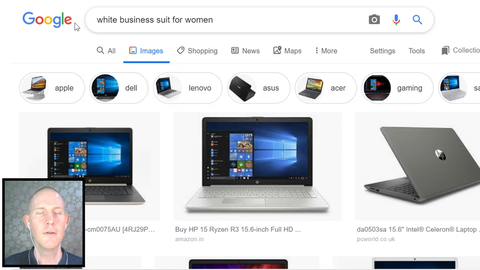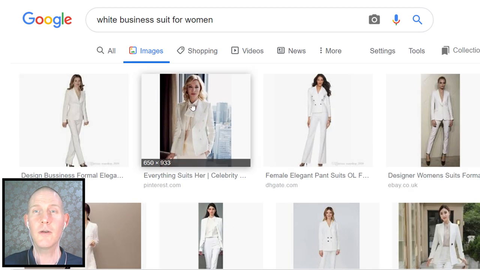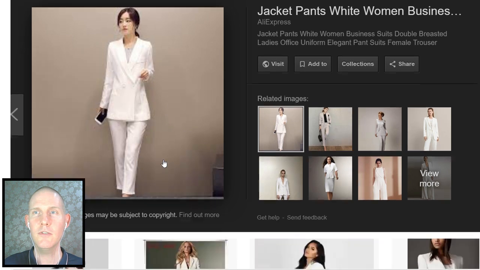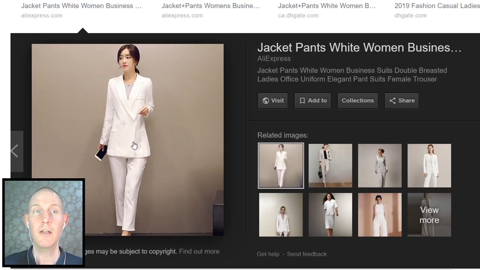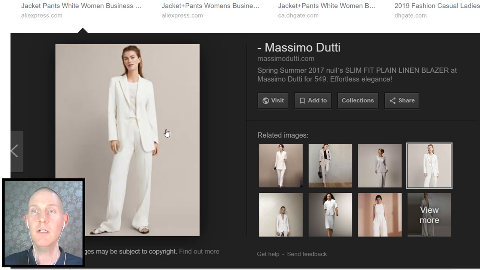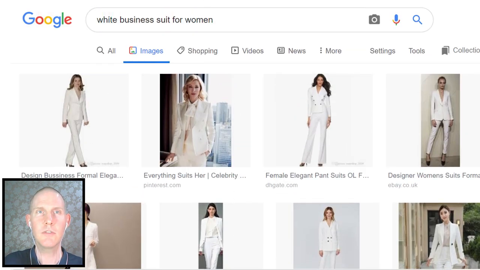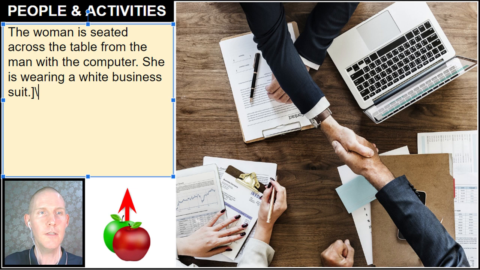There we go, because all we can see are her arms in the picture. So this is a business suit. It's kind of formal. It could work for a business occasion. It's not too informal. It's probably very comfortable too. So that is a white business suit for women.